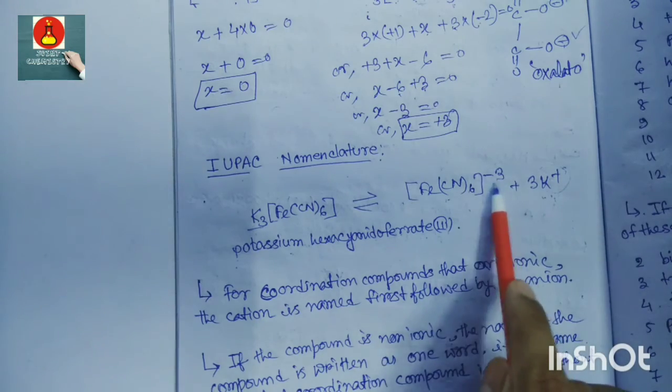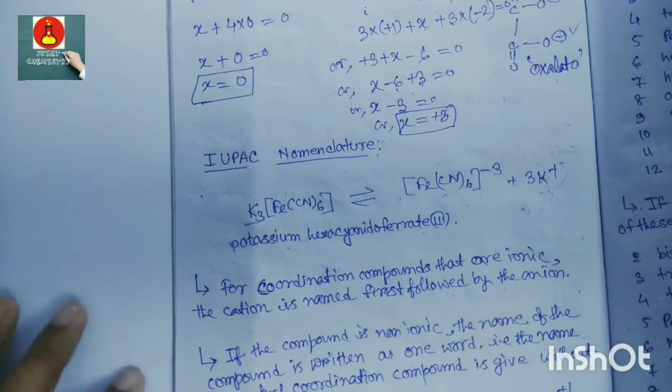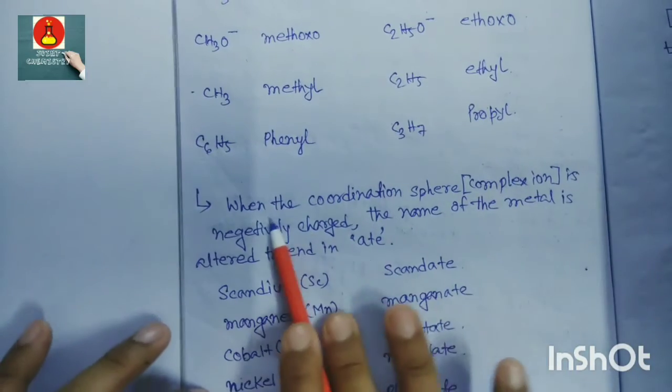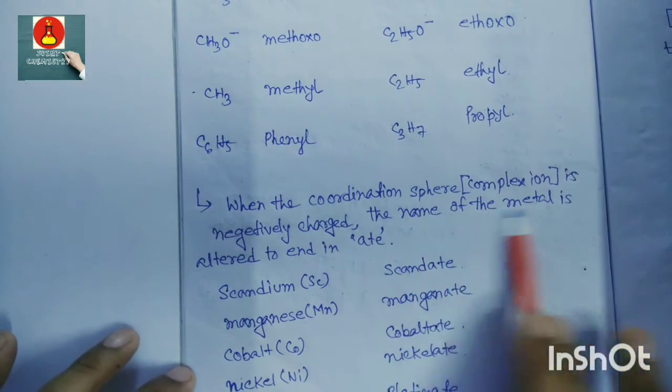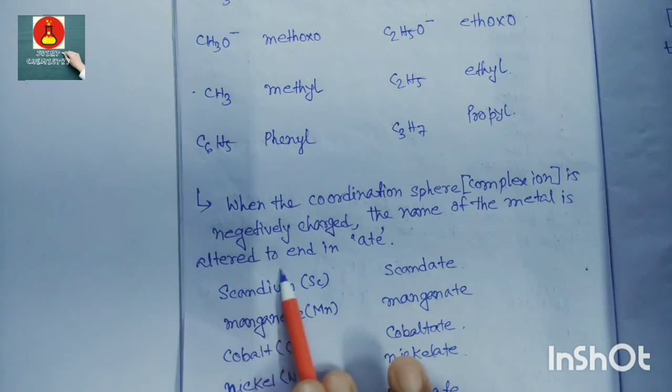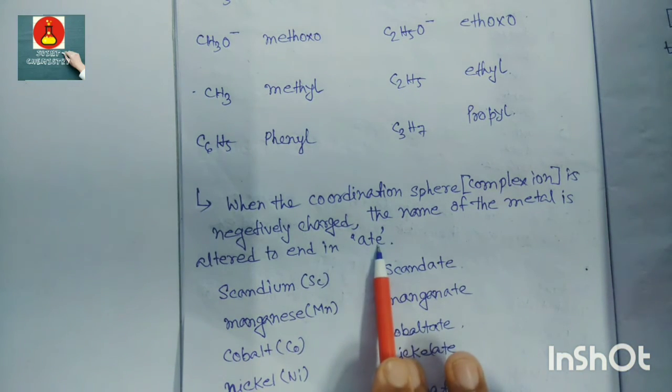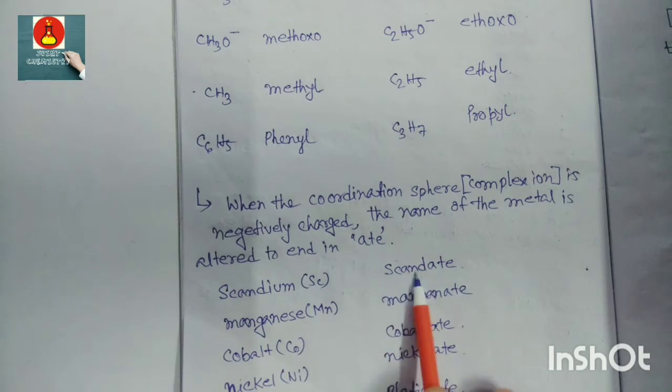In case of a negatively charged complex ion or coordination sphere, the metal name is altered to end in -ate. For scandium, it is scandate.